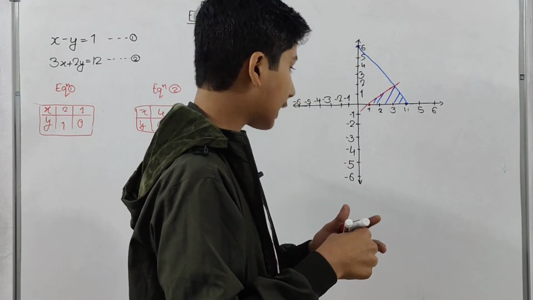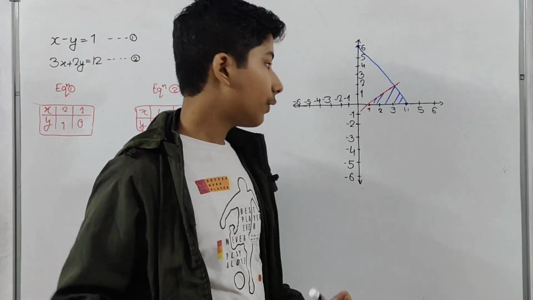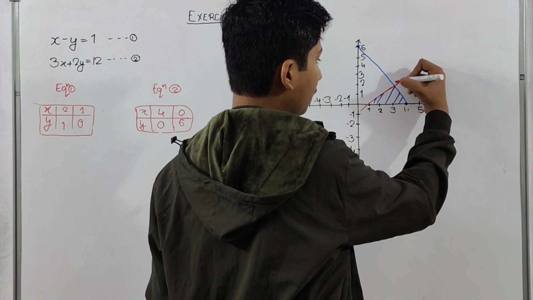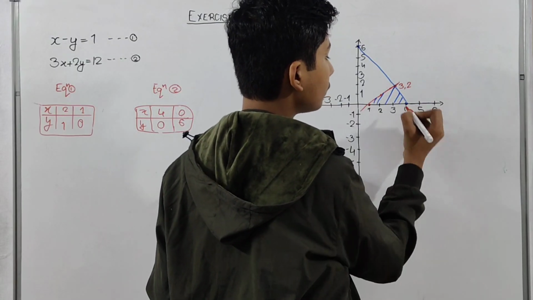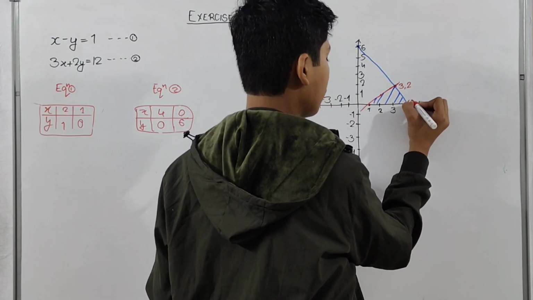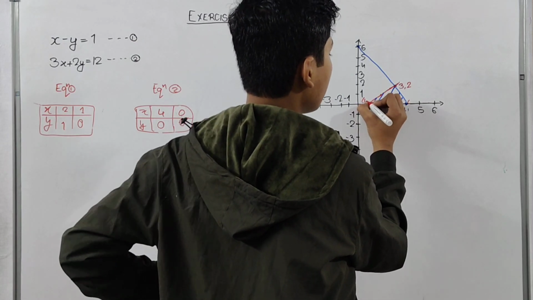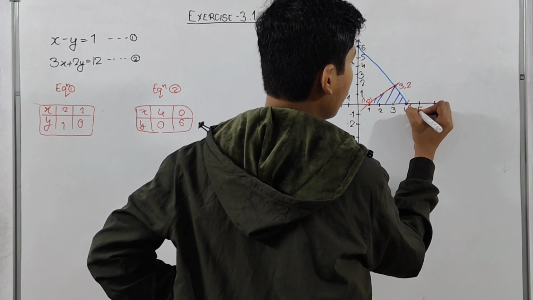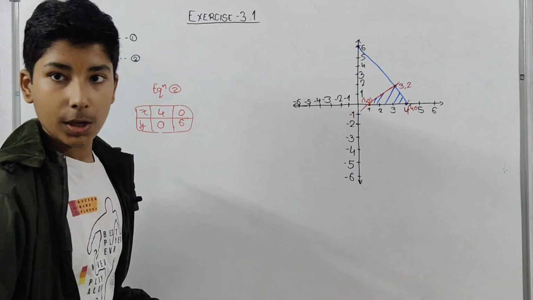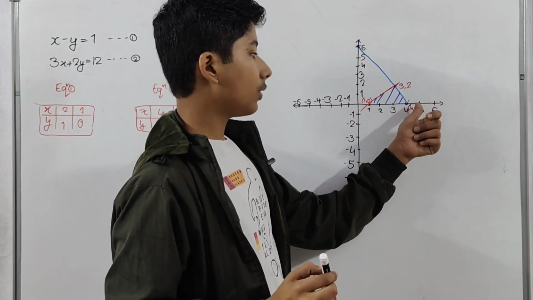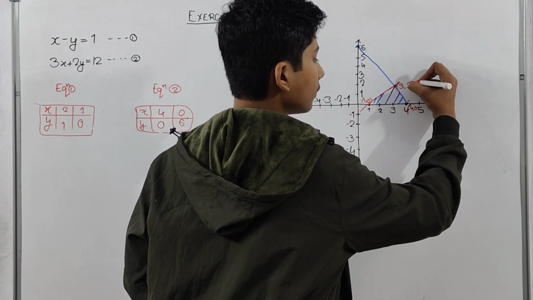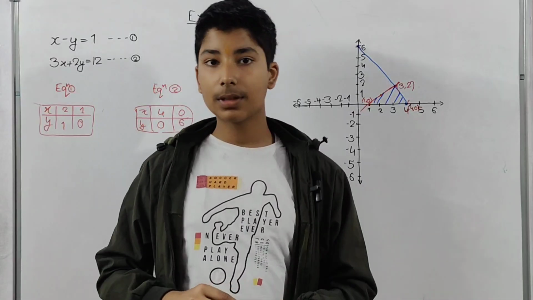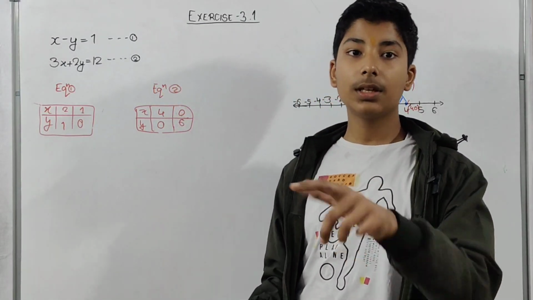If you look carefully, you will see that the vertices of this triangle are 3 comma 2 over here, 1 comma 0 here, and 4 comma 0 over here. So 1 comma 0, 3 comma 2 and 4 comma 0. And we had to shade the triangle, so we have shaded it also. I hope this is clear, and that's how you solve equations graphically.